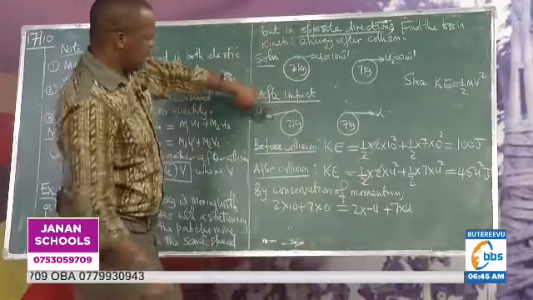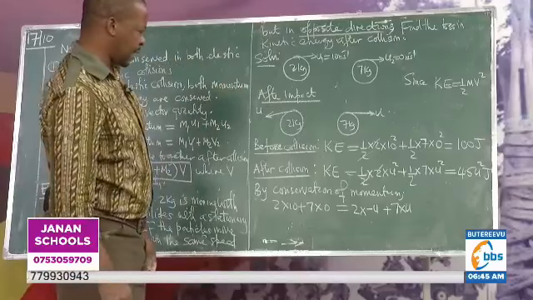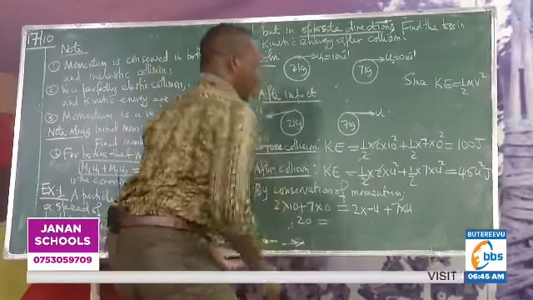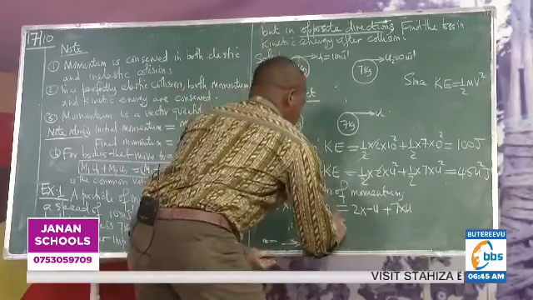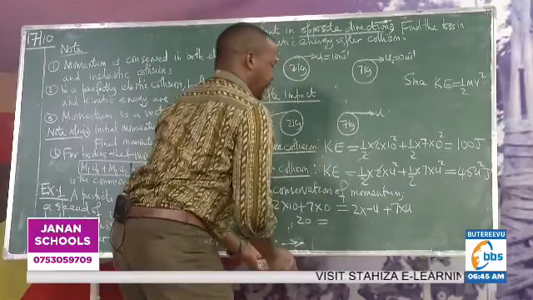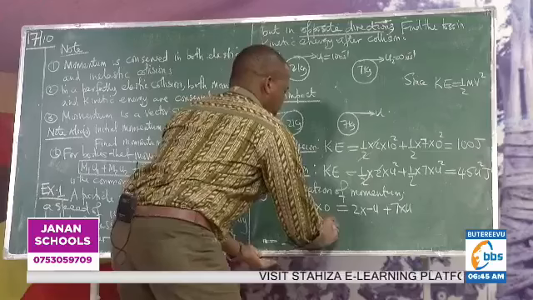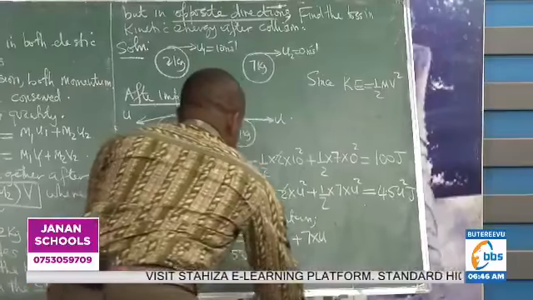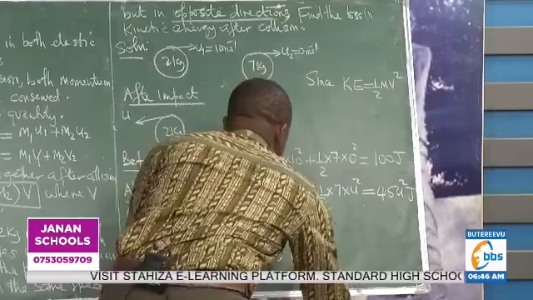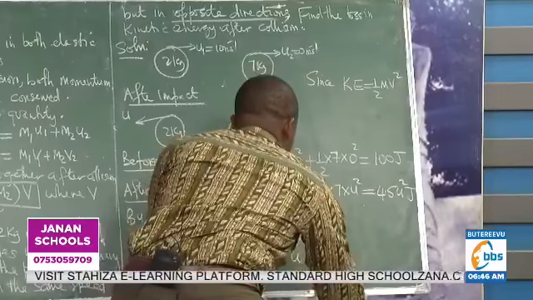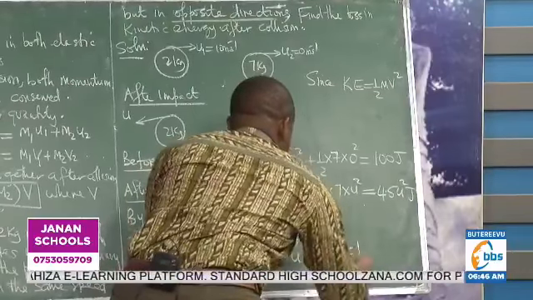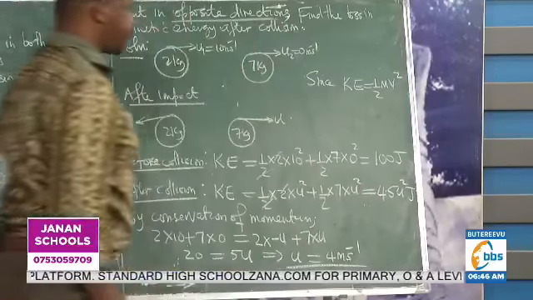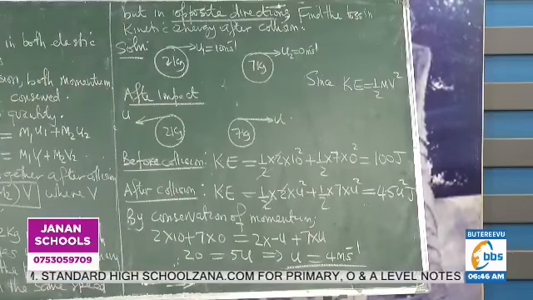Because this is moving in a negative direction, it is negative. So our 20 will be equivalent to 7 minus 2, which will give us 5u, implying that u is 4 meters per second. That common velocity which we need here is going to be 4 meters per second.